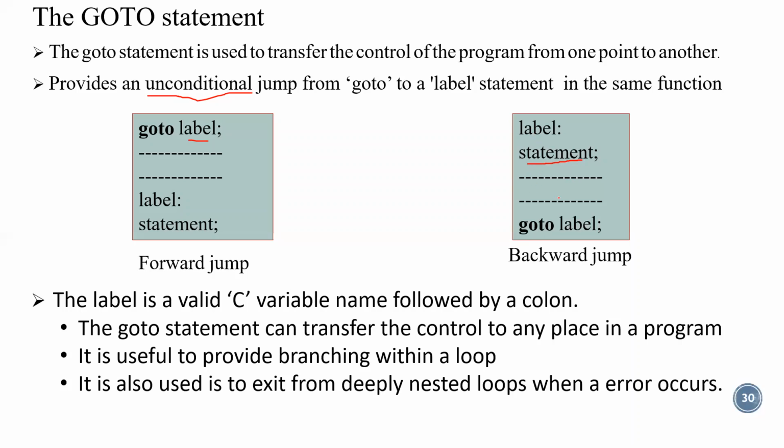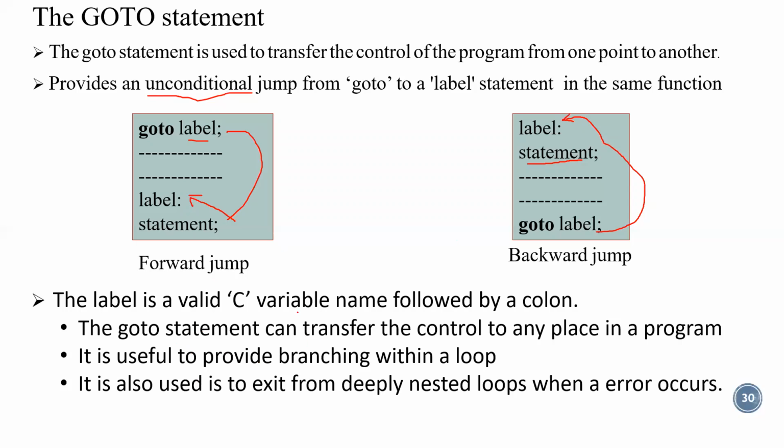When it reaches go to the label name, it will jump from here to the position where the label is mentioned. So it will be a backward jump. This will be a forward jump. Whenever it finds a label ahead, it will skip a few lines and make a forward jump. While here, when the go to is mentioned after the label, it will perform a backward jump.